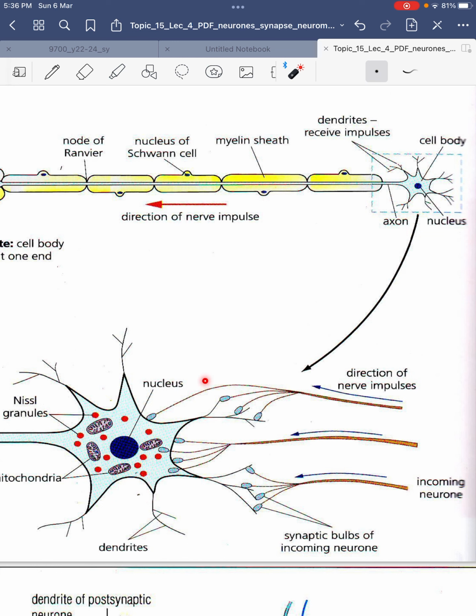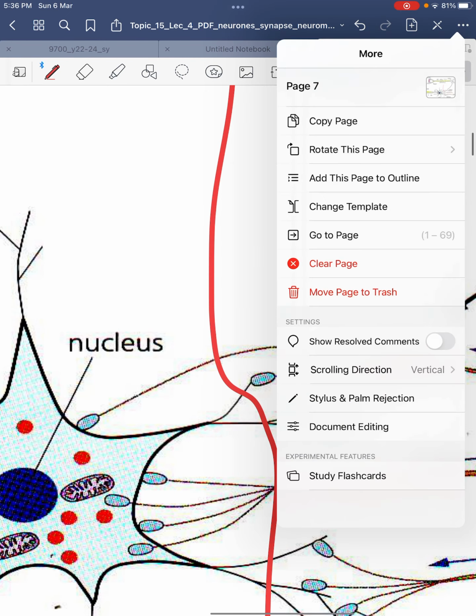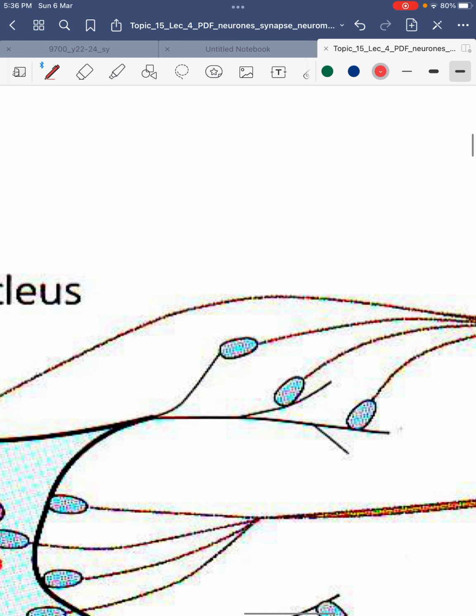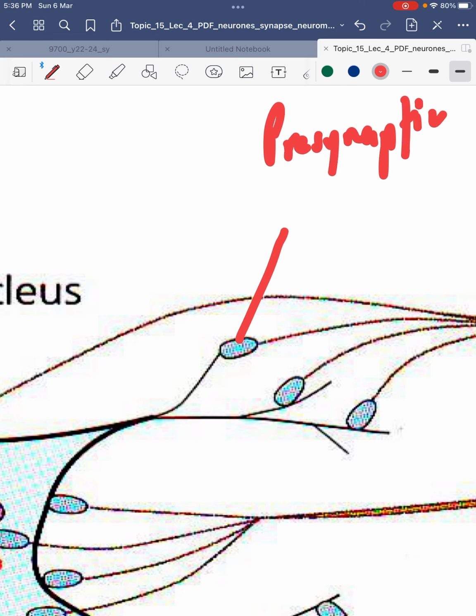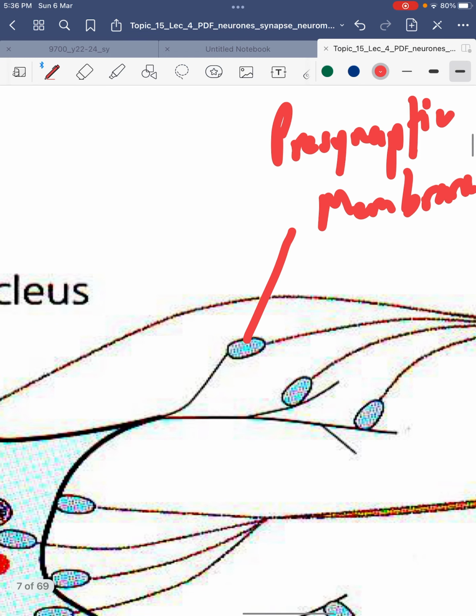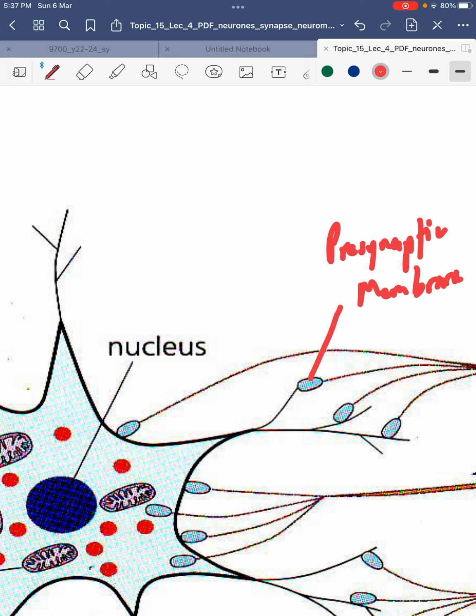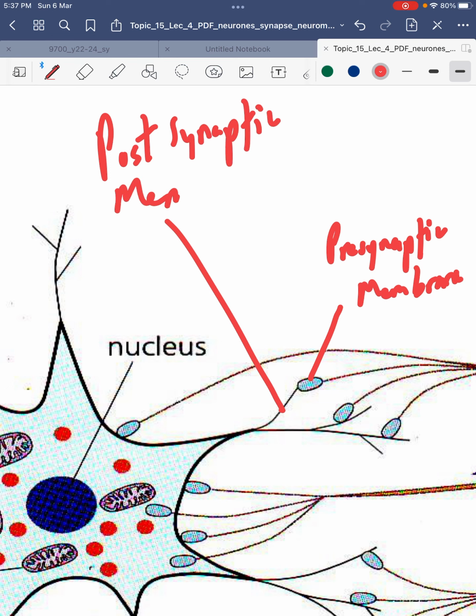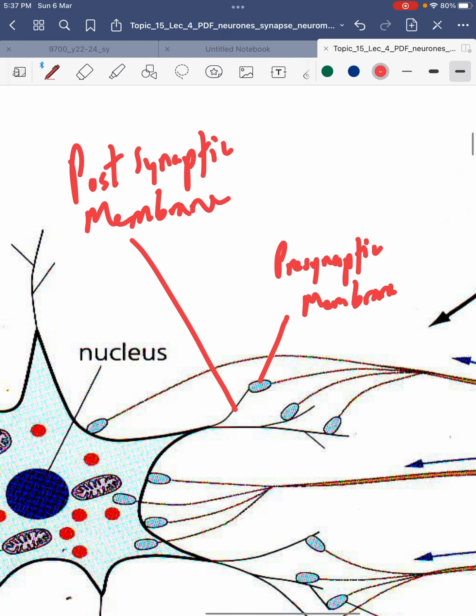If we zoom in, we can be more specific. This is the pre-synaptic membrane, the membrane of the previous neuron, and then the dendrites, which have the post-synaptic membrane, the membrane of the next neuron.